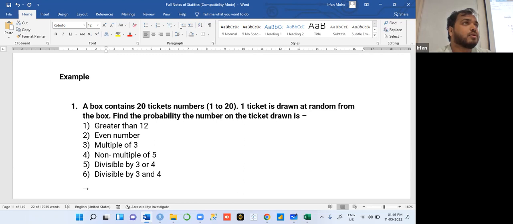This is the higher version of probability. Write this and try to solve. Try yourself by solving. If not, then I will solve for you.